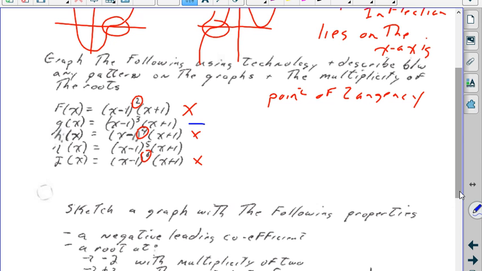And then these ones here would have a point of inflection at x is equal to 1, because, again, we have a third, a fifth. If I was to do a seventh, we would have the same thing.